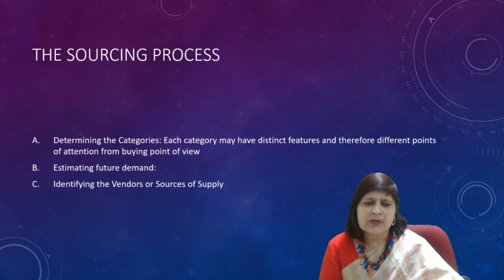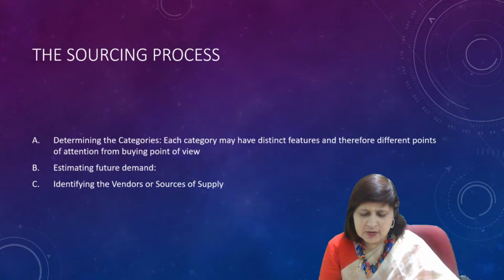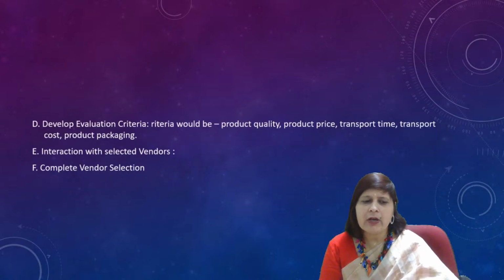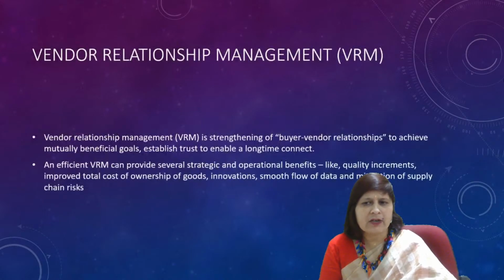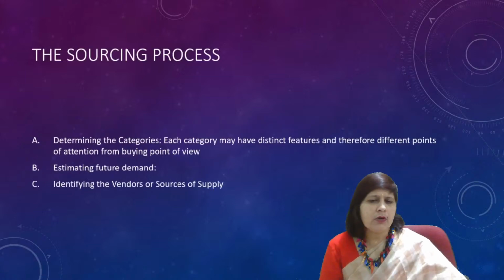The sourcing process involves the first step is determining the categories, estimating the future demands, identifying the vendor or source of supply, develop evaluation criteria, interaction with selected vendors, and complete vendor selection. Right. So, first is determining the categories.